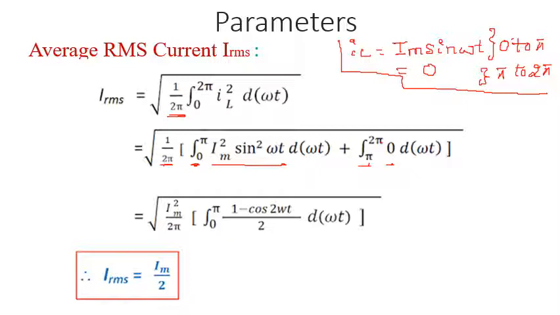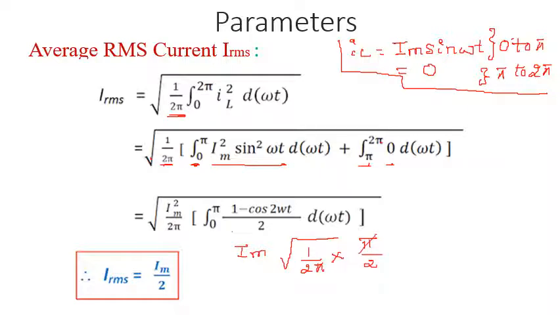Mean is 1 by 2 pi, average of it, and a square root. If I simplify this, it will become 1 minus cos 2 omega t divided by 2, which will become Im square. If I take it outside, it will become Im inside the square root. Inside the square root, it is 1 by 2 pi into the simplification of 1 minus cos 2 omega t by 2, which leads to pi by 2.